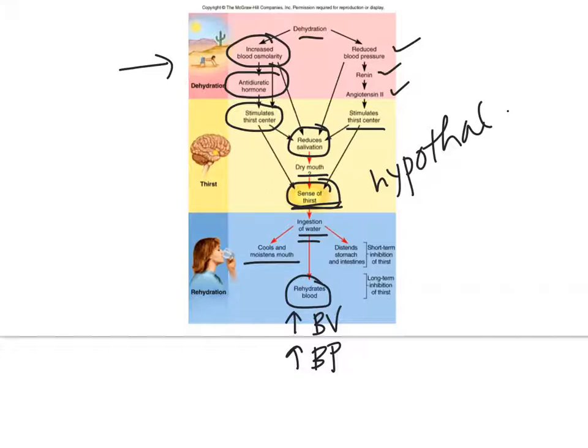Then the stomach actually gets stretched when you drink, and that is a trigger to say, oh, you're not thirsty anymore. So that tells you can slow down drinking. Then what will happen for long-term inhibition is the blood gets rehydrated and the blood pressure goes back up. So it all kind of makes sense.